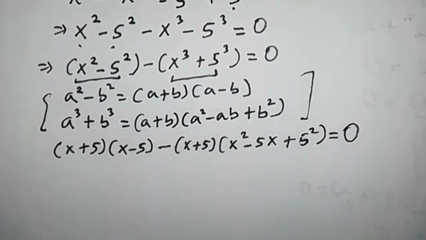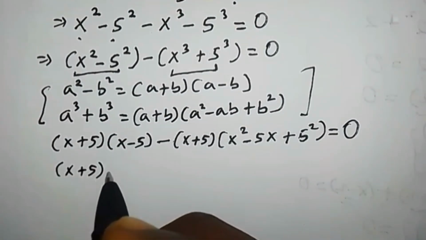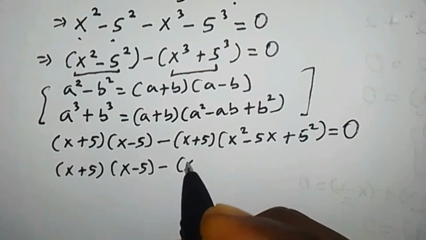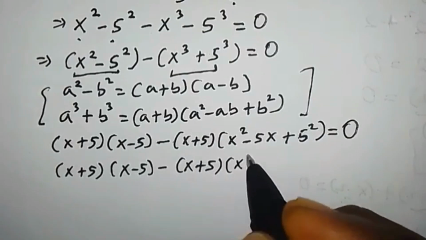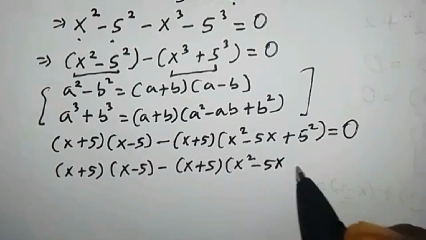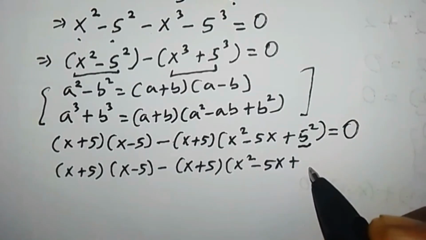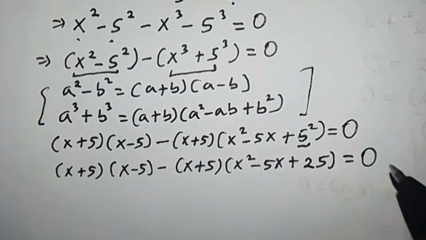Let's proceed further. x plus 5 times x minus 5 minus x plus 5 into x square minus 5x plus, what is 5 square? 5 times 5, that is simply 25, equal to 0.